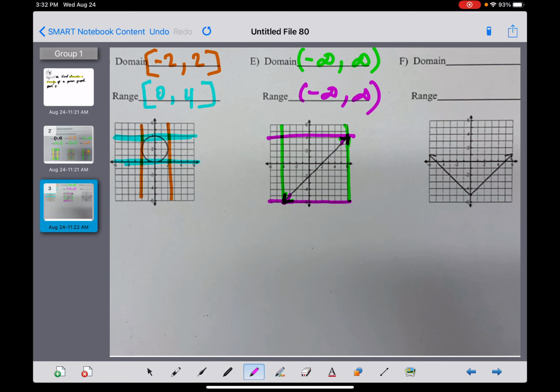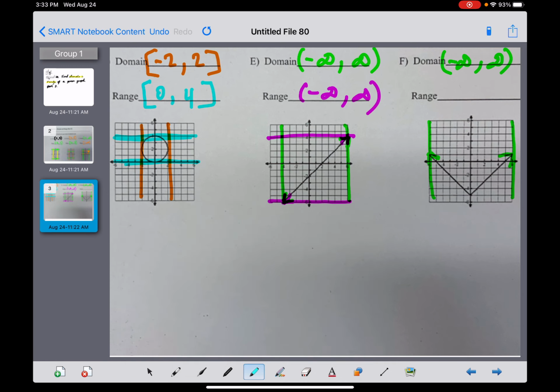Okay, let's look at part F. Left, right. Right here, furthest to the left, you see the arrows? That means it keeps on going towards the left, and then here the arrows keep on going towards the right. So it doesn't stop either to the left or to the right. That means it's negative infinity to positive infinity. Parenthesis, parenthesis.